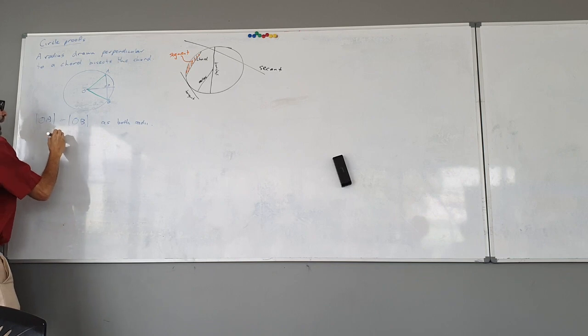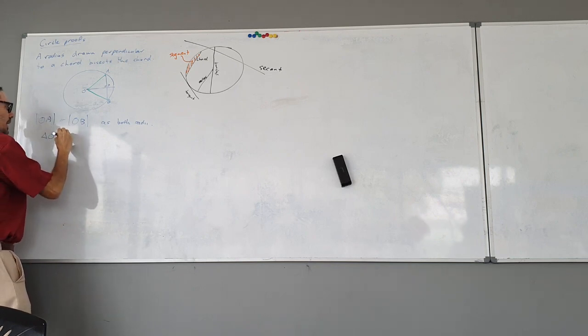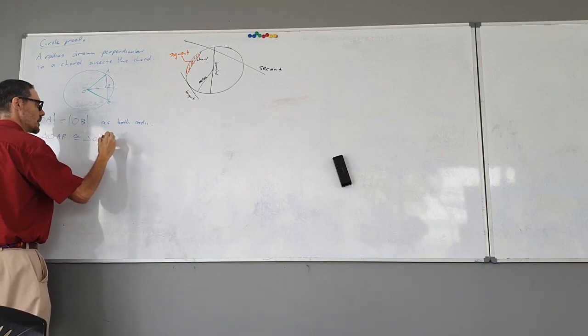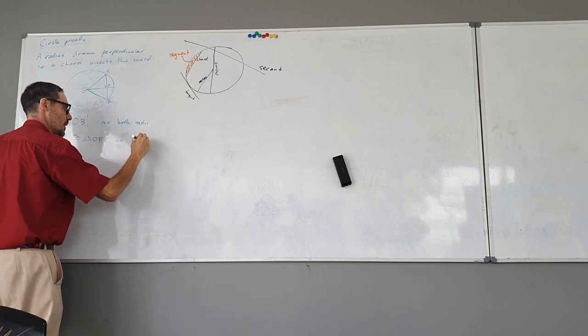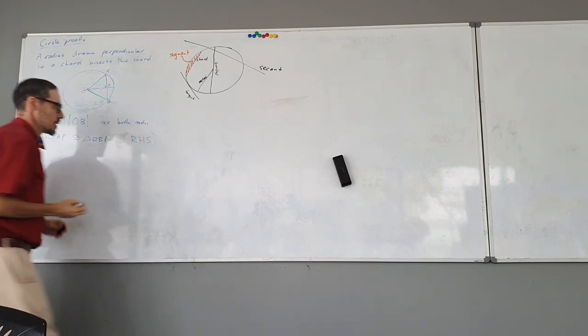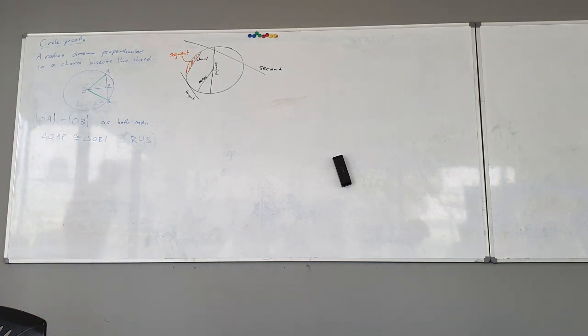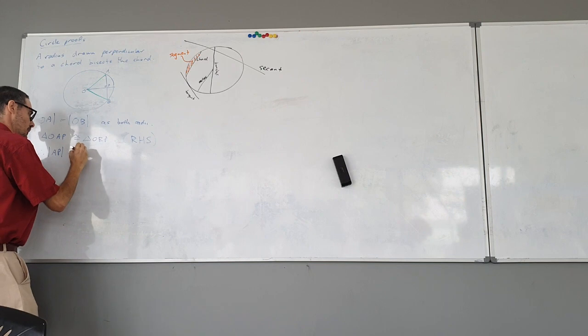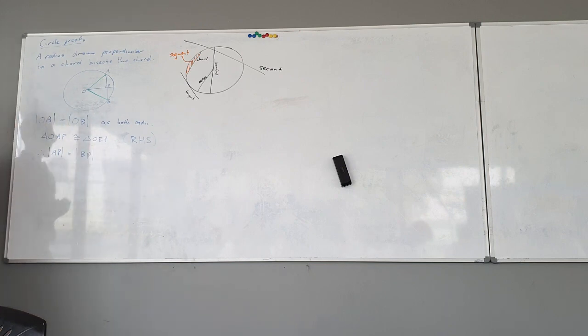Let's go triangle OAP is congruent to triangle OBP as right angle, hypotenuse. If you like, other than that, we might go like this: right angle, hypotenuse and another side. They are congruent. What does that mean? That means AP length of must equal BP. And I've proven that a radius drawn perpendicular to the chord must bisect that chord.